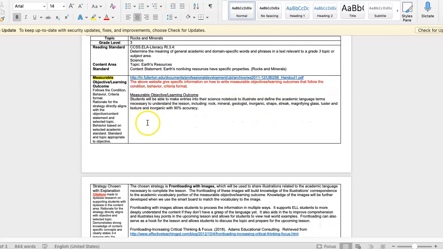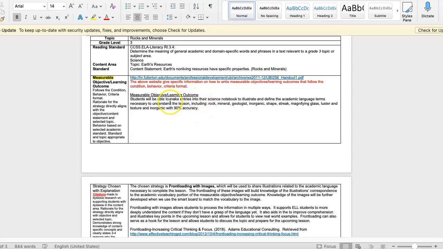My measurable learning objective is students will be able to make entries into their science notebook to illustrate and define the academic language terms necessary to understand the lesson, including rock, mineral, geologist, inorganic, shape, streak, magnifying glass, luster and texture, with 90% accuracy.